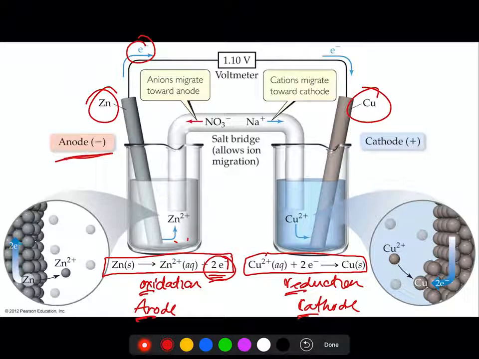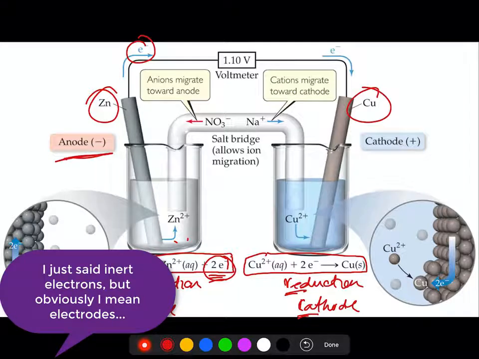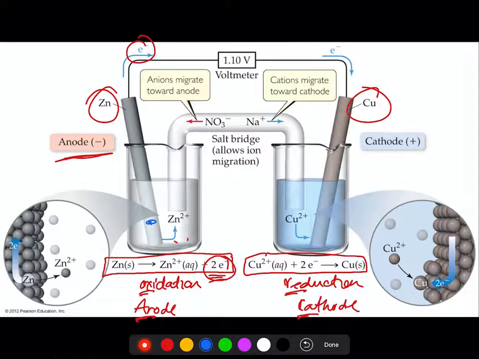They are often inert electrodes, things like platinum or carbon, which means their masses do not change over time. Actually, let me not say that, because sometimes if we get plating on it, the mass will change. But often we use inert electrodes that do not participate. Here, they are participating: we have solid zinc, zinc ions, and copper and copper ions.